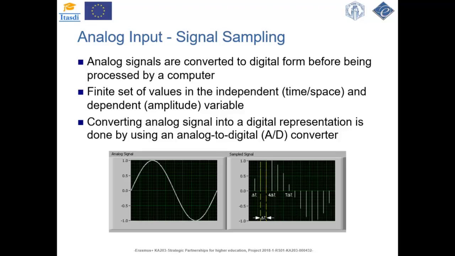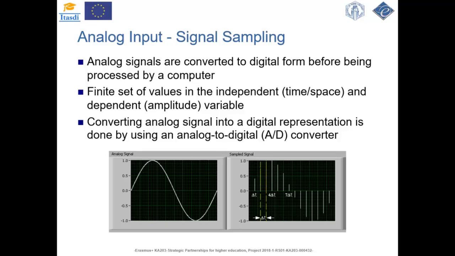In the picture shown on the slide, we can see an analog signal on the left and its corresponding sampled version, or converted into digital form. And we can see that the sampling interval is delta t.